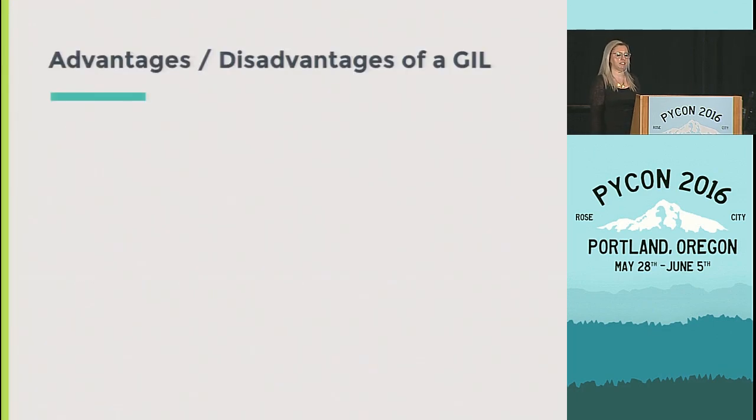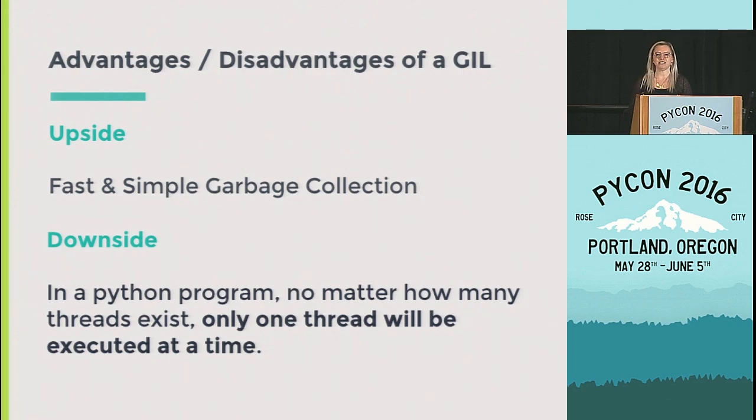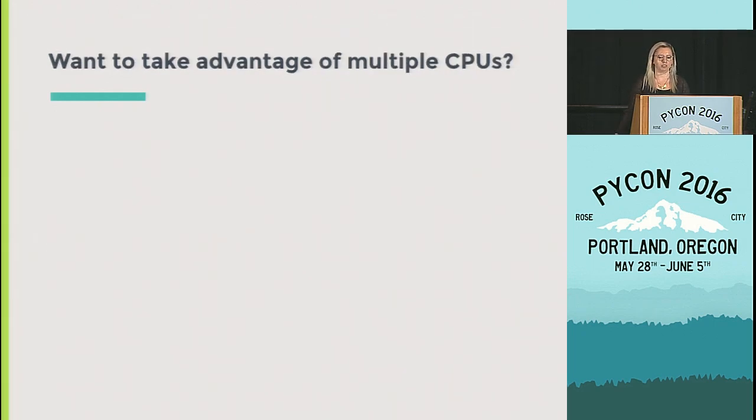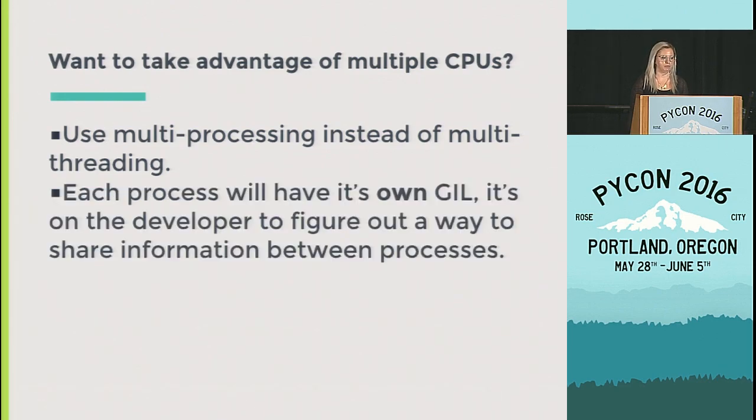The advantages and disadvantages of the GIL, well, the upside is that we get a fast and simple garbage collection algorithm, but the downside is that no matter how many threads exist in a Python program, only one thread will be executed at a time. So if we want to take advantage of multiple CPUs, we want to use multiprocessing instead of multi-threading. Each process will have its own GIL, and it's on the developer to figure out the best way to share information between those processes.